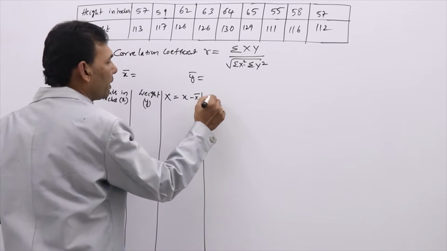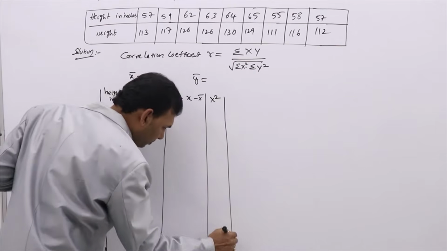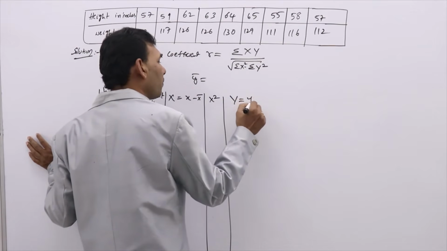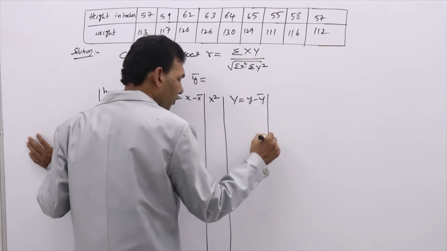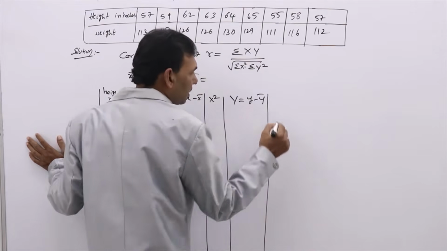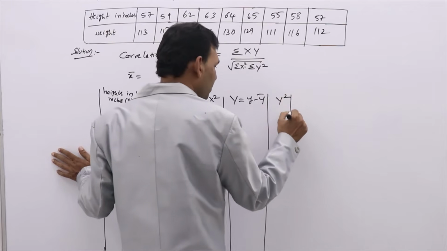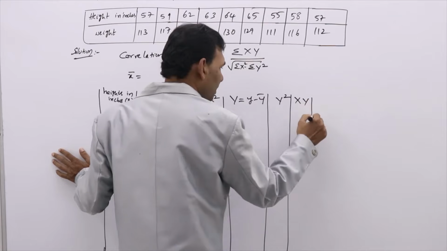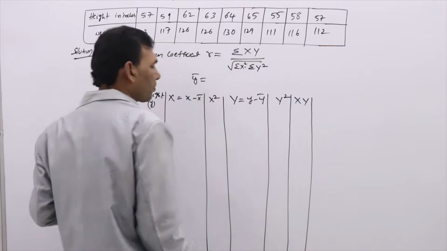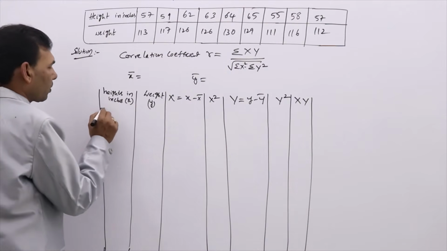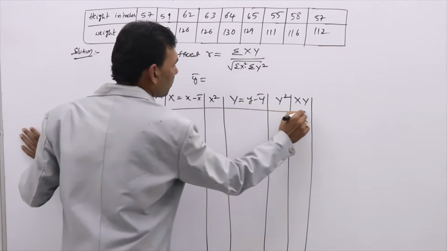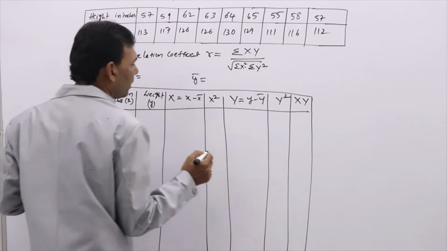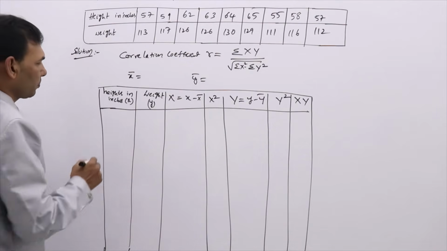Next we are going to find capital X square. Next, capital Y equal to y minus y bar we are going to evaluate. Next, capital Y square. Finally, capital X into capital Y. These values we are going to evaluate. After evaluating all these, we can find the correlation, small r value.